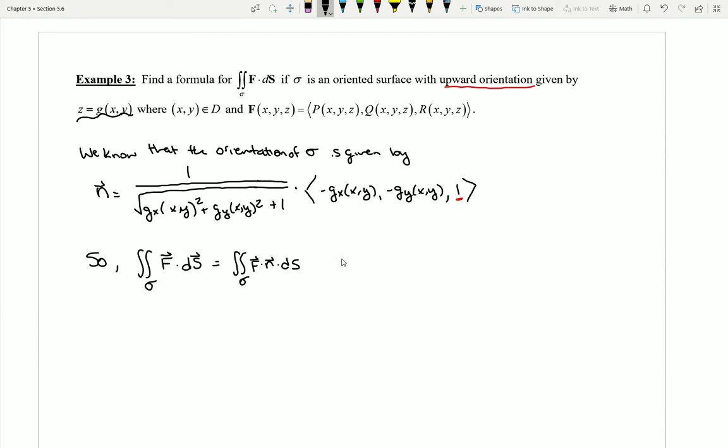If I was to rewrite this one final time, what I'm going to end up with here is my F, but ultimately dotted with, and I'm going to have to put in my n, which is going to be this negative g_x of x comma y, negative g_y of x comma y, comma 1, divided by my radical. I'm going to do my best to squeeze this in here.